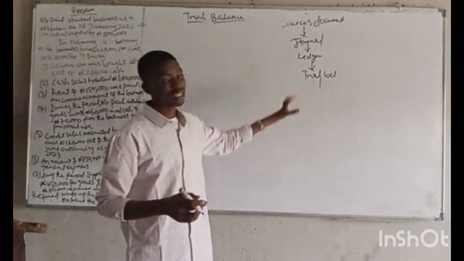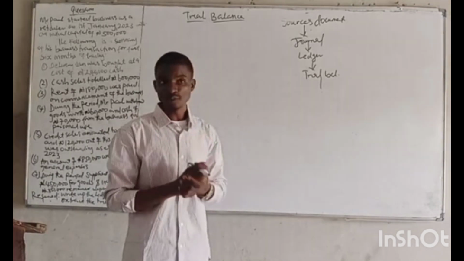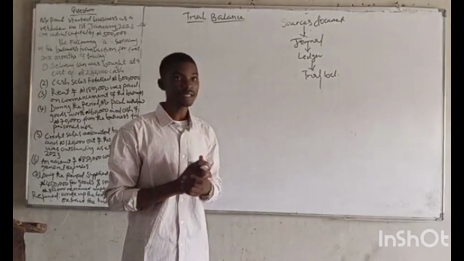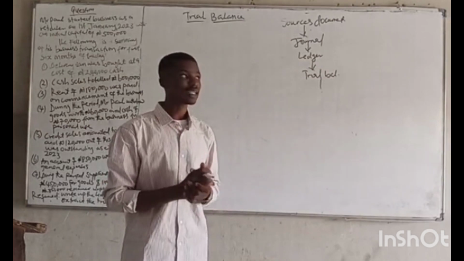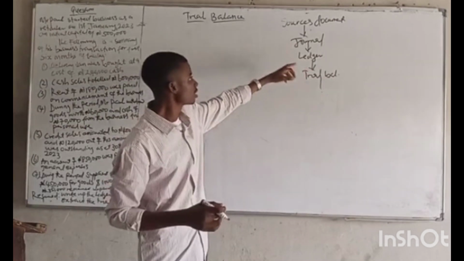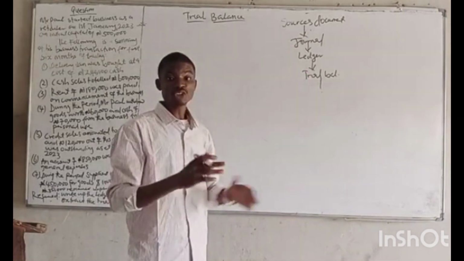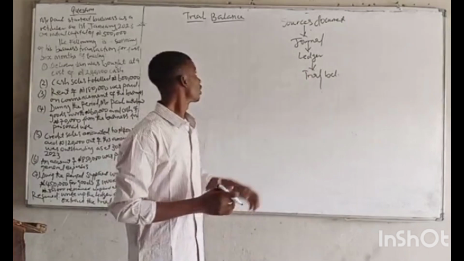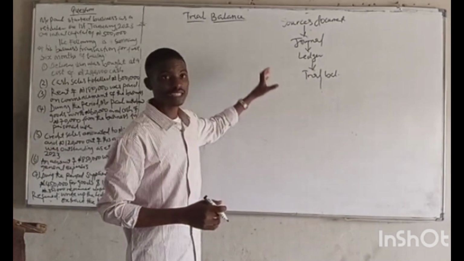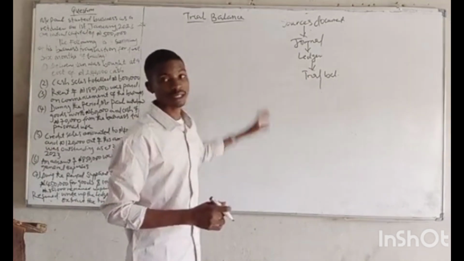Therefore, a trial balance is not a conclusive proof that there is no error in the account. It's just a proof that the record from source documents to ledger in terms of debit and credit are accurate. Of course, there are some errors that cannot be revealed by the trial balance.